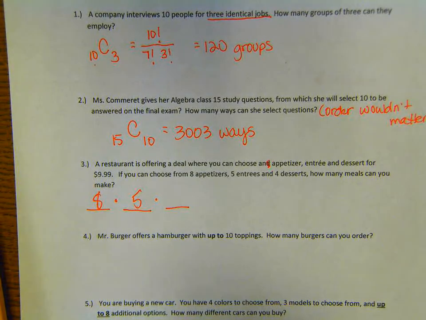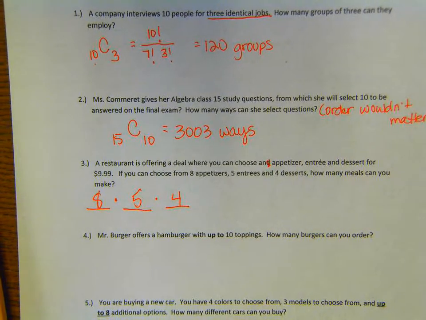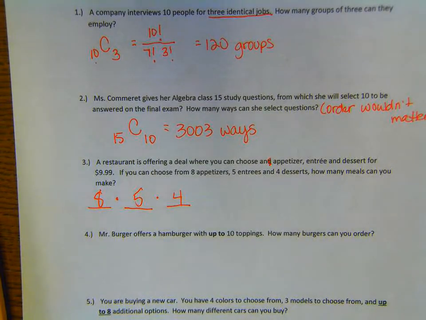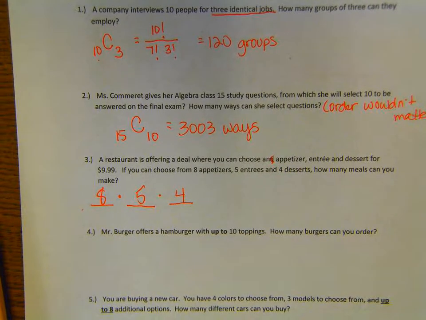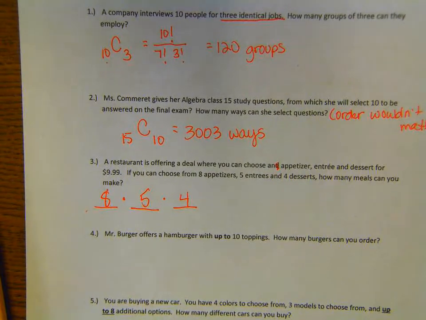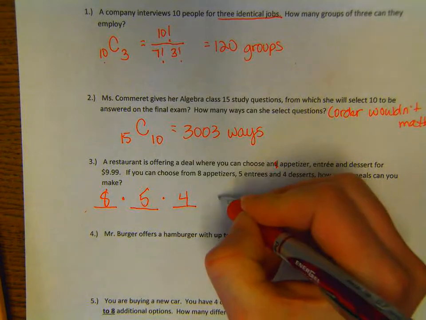What do we call this? Multiplication counting principle. Okay, when I have different ways of doing different tasks, or in this case, ordering different types of parts of the meal, then I multiply the choices together. So what is 8 times 5 times 4? 160.